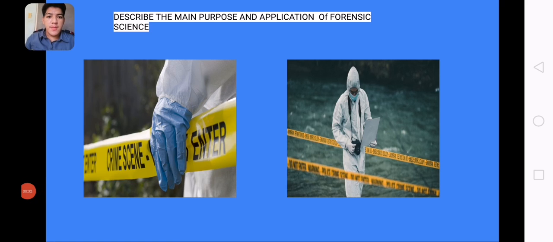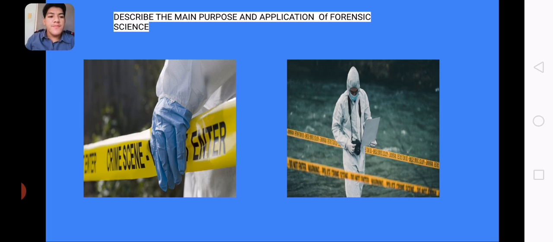First is describe the main purpose and application of forensic science. Forensic science applies science principles, techniques and methods to the investigation of crime. At first, this definition of forensic may seem to have no connection with the more popular crime solving, but the type of evidence and where it is found can assist investigators to develop a sense of how the crime was committed.